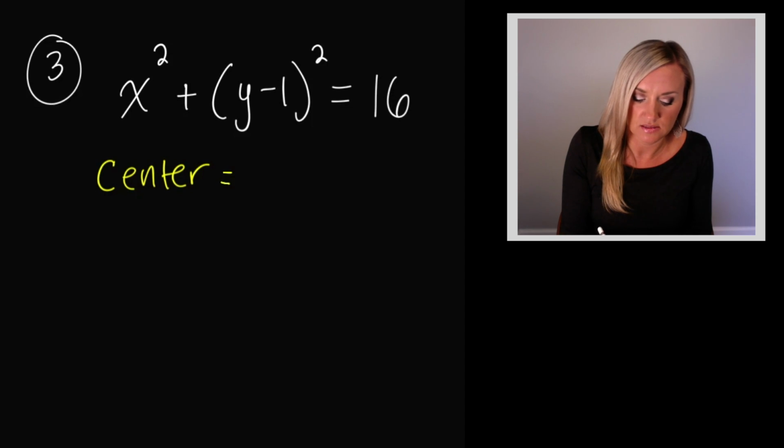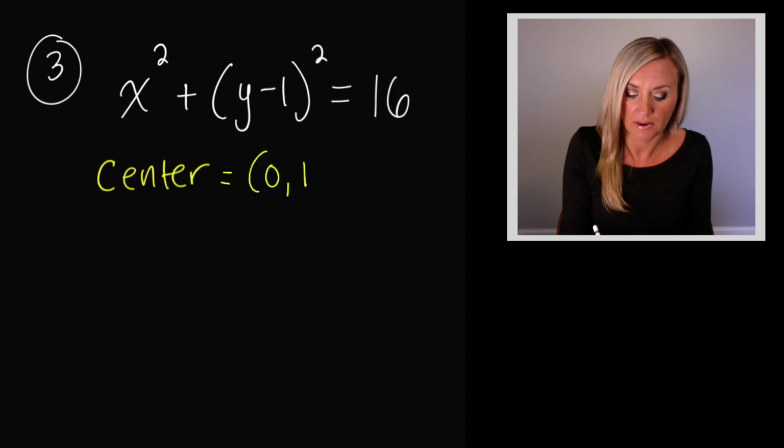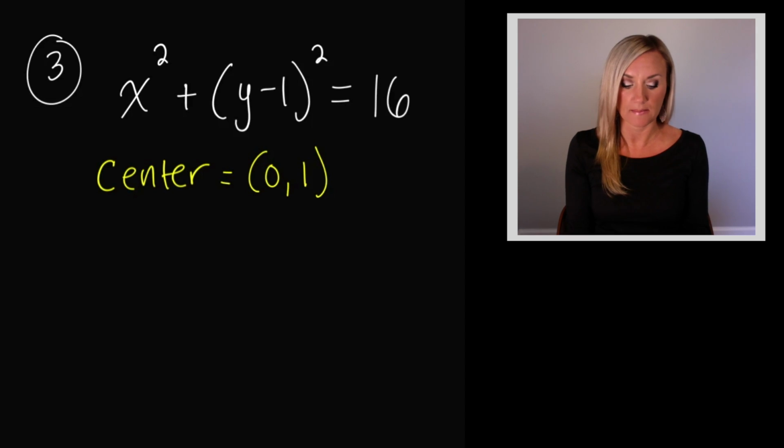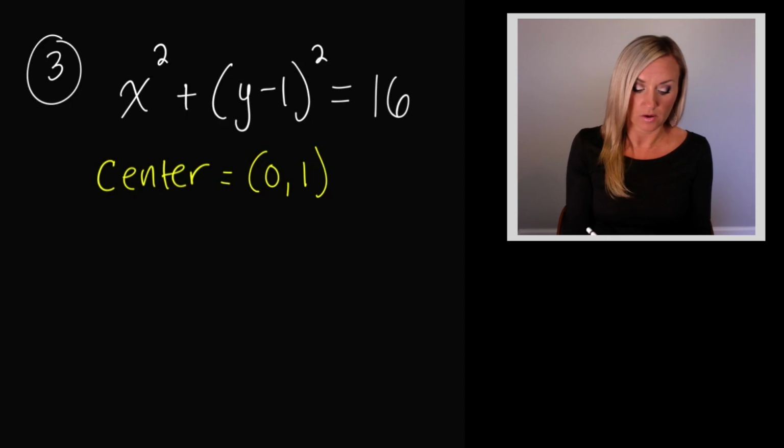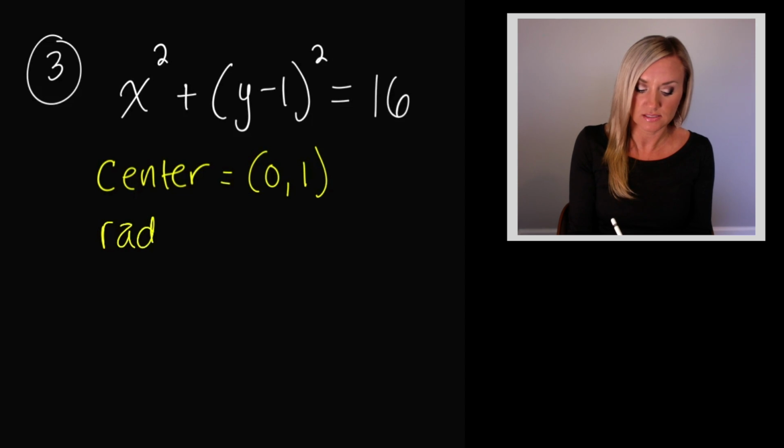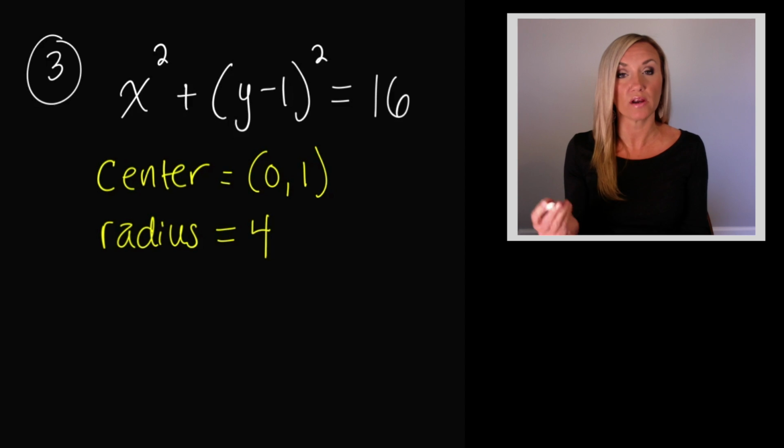So the center would be 0, 1. It doesn't shift horizontally, but it is going to move up 1. And what about our radius? Our radius is 4, because 4 squared gives us 16.